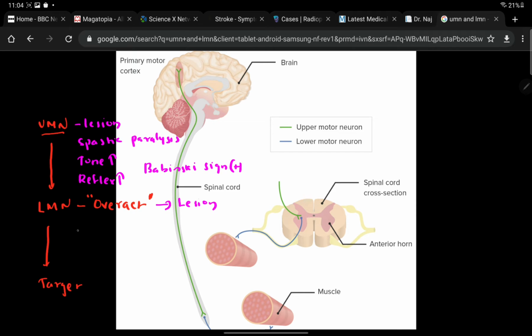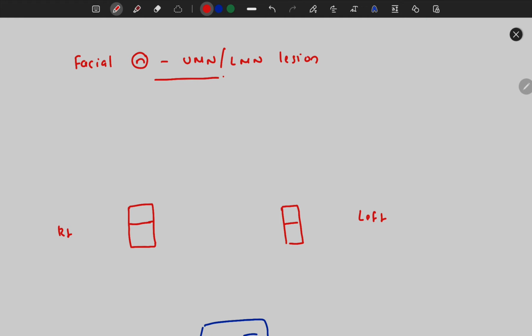So the flaccid type of paralysis will be present. There is a decrease in the tone, a decrease in the reflex, and the Babinski sign will be negative. So now about the lesion, UMN and LMN lesion of the facial nerve.